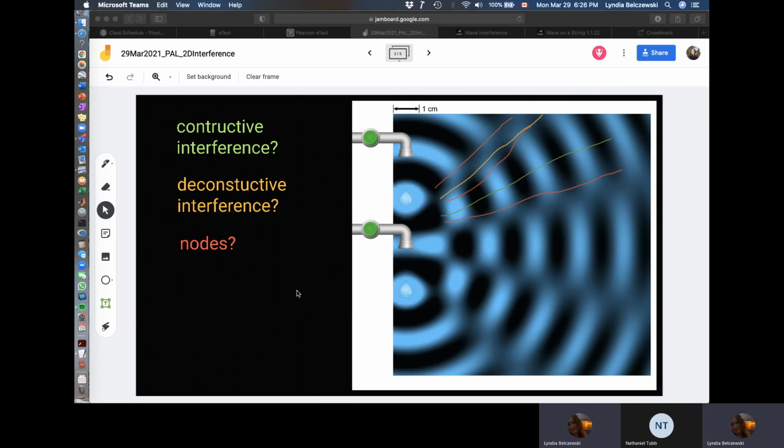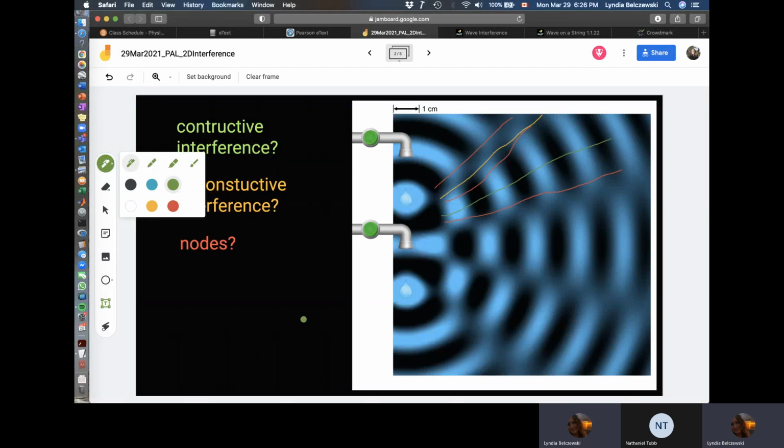Okay, so we're ready to talk about this. So I see a constructive interference line right down the middle. So your constructive interference line, I'll draw one as well, goes, oh, this is really hard to do on a trackpad, goes right through the parts where it's going bright to dark to bright and dark and bright and dark.